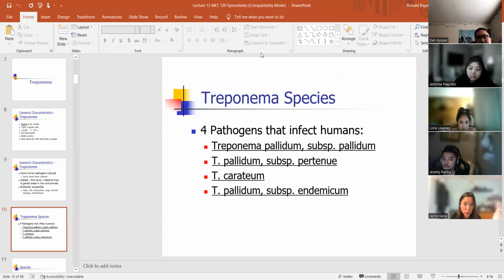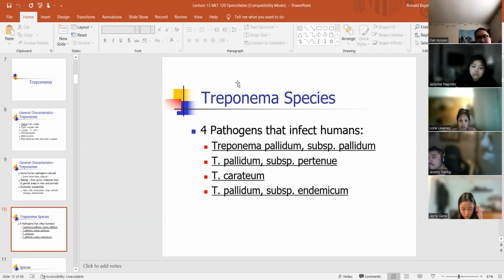Okay. So these are the 4 main pathogens of the treponeme species: Treponema pallidum, Treponema pallidum subspecies pertenue, Treponema carateum, and Treponema pallidum subspecies endemicum.